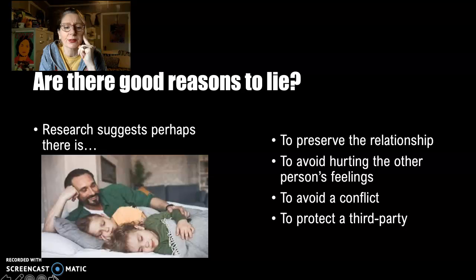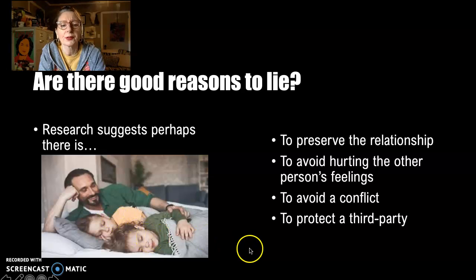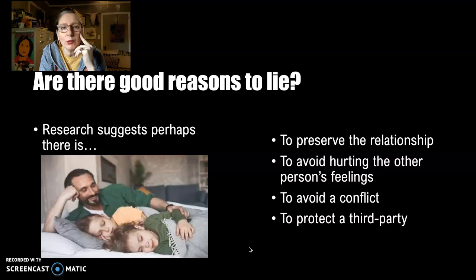other good reasons to lie: to protect a third party. This is actually a picture of a dad and his kids. Think about how many of you were lied to about Santa Claus, right? You're saying to me, Ms. Brendan, what are you telling me? Santa Claus isn't the truth? Maybe Santa Claus is the truth. Who knows? I haven't experienced that yet, but who am I to say?